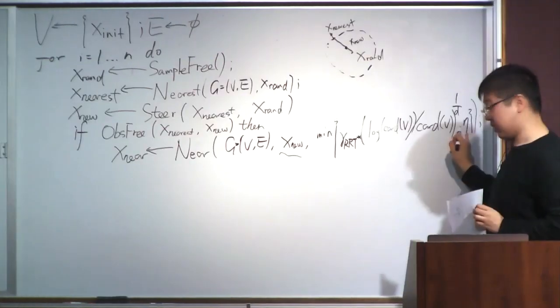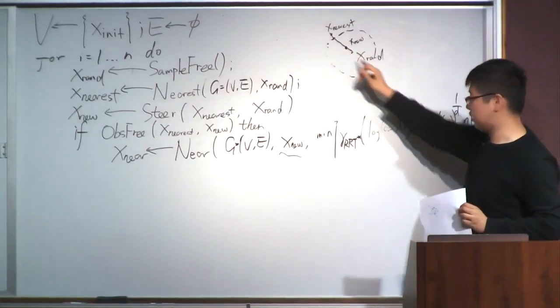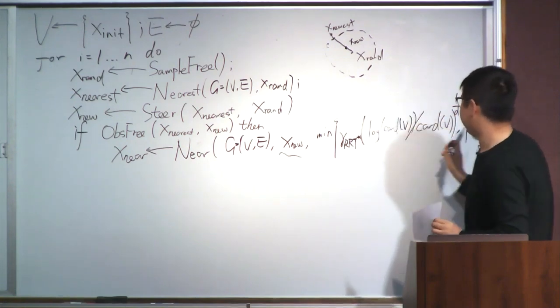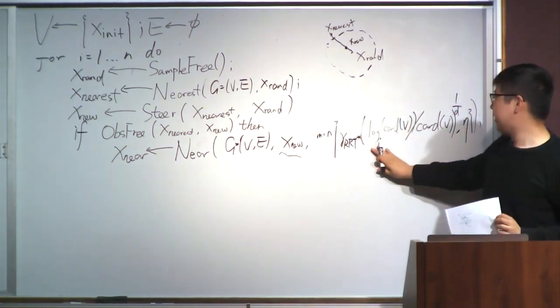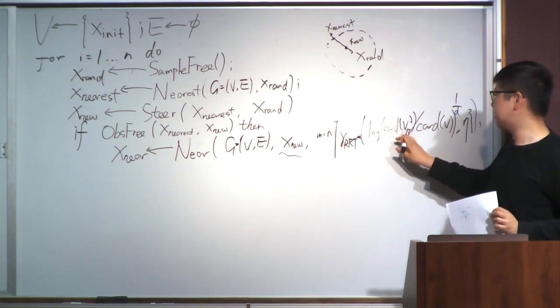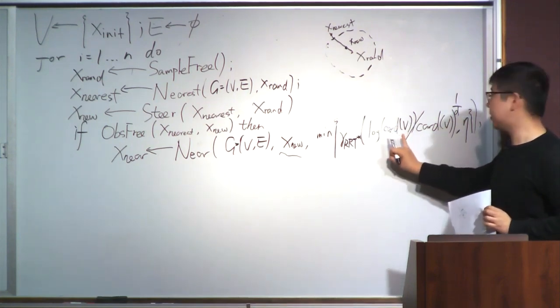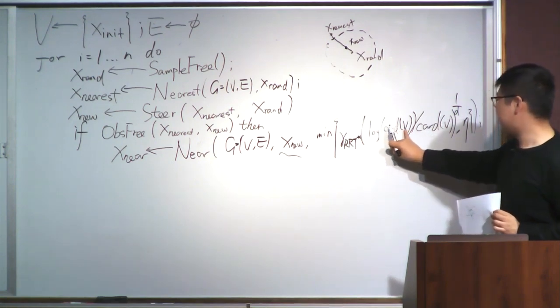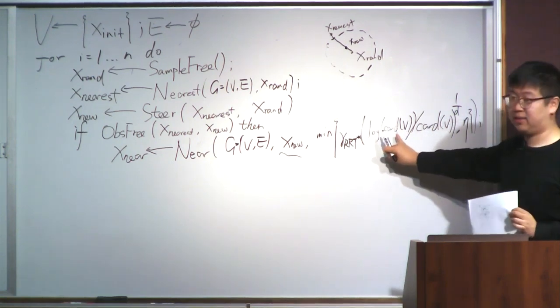There is a limit eta, so you cannot go beyond it. That's a constraint we have. And this other term: if there is only one component in V, then its cardinality is 1, and log 1 is 0.